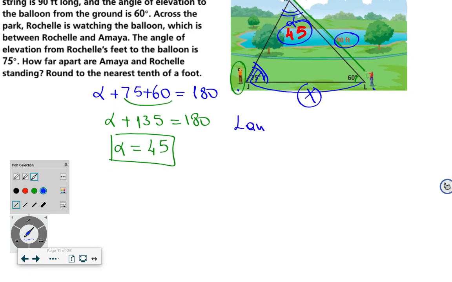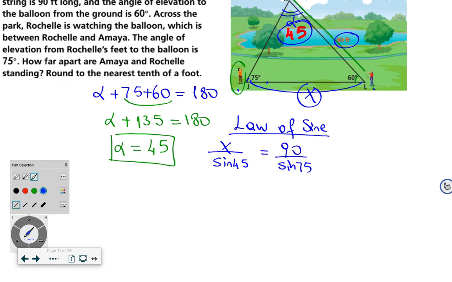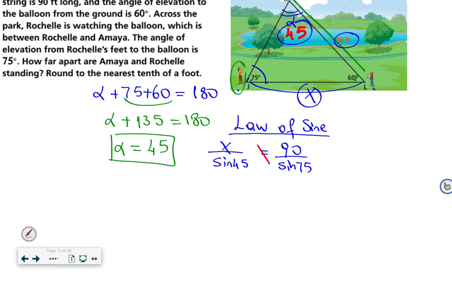According to law of sine, x over sine 45 is going to become equal to 90 over sine 75. Now if you use a cross multiplication, you will get x times sine 75 is equal to 90 times sine 45. To be able to find the x, divide both sides by sine 75.